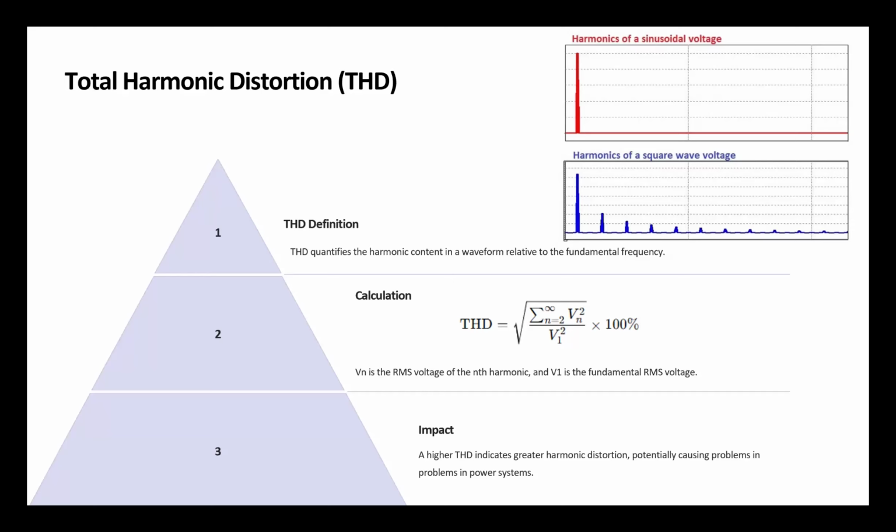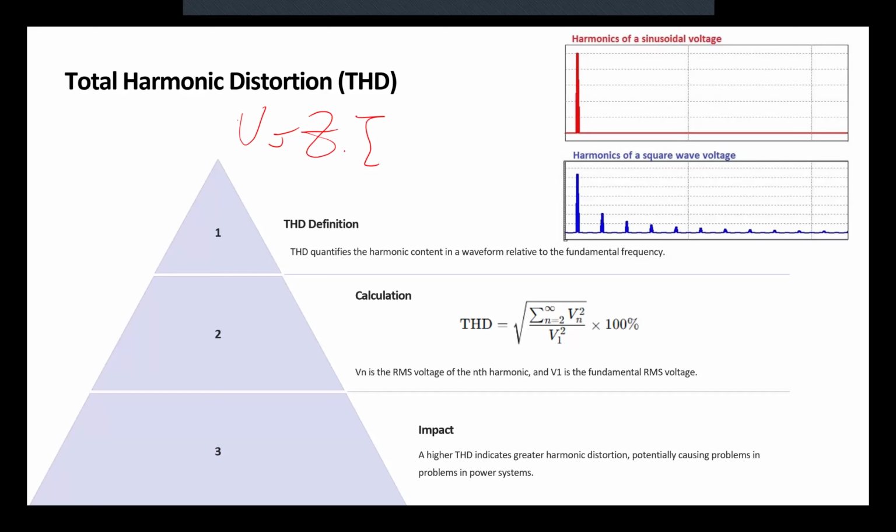The first law you learn in circuit one. Ohm's law. Ohm's law says the voltage is equal to ZI in AC. What is Z? Impedance. Impedance changes with frequency.